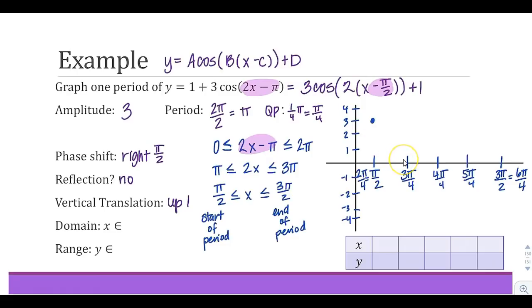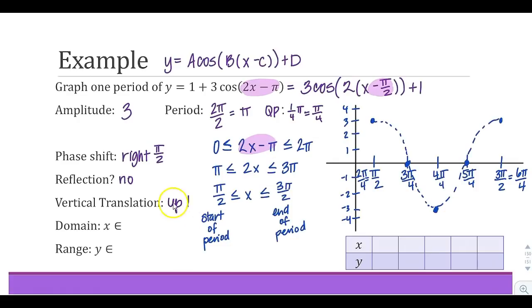At the next tick mark, I'm at the x-axis. At the next tick mark, I'm down at -3. I'm back at the x-axis, and then I have to end where I started, which is at +3. So this is not the final graph. I'm going to draw it as a dotted function because I haven't addressed the vertical translation.